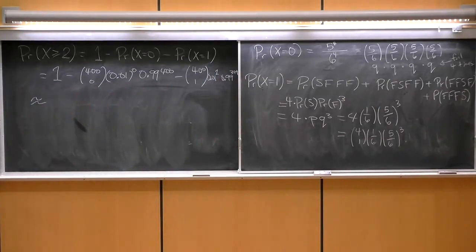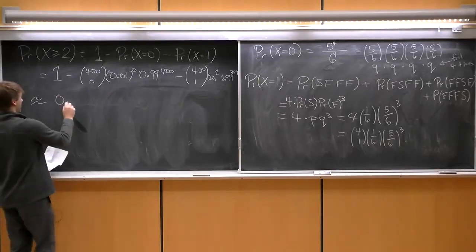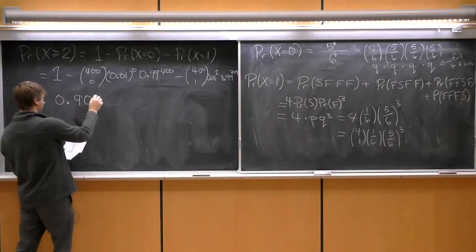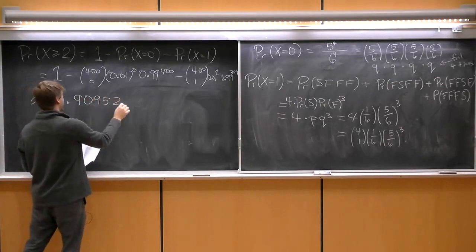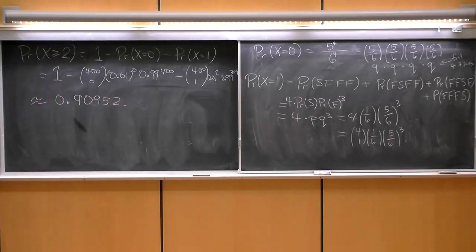Which at the end of the day gives you something like 0.90952. So it's about a 90% chance that there's at least 2 mistakes.